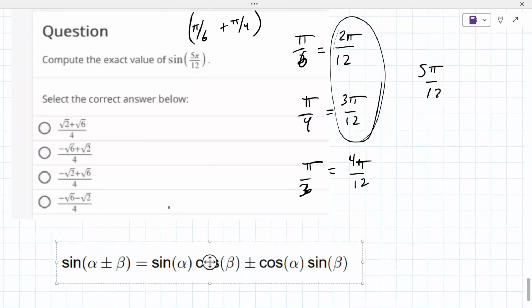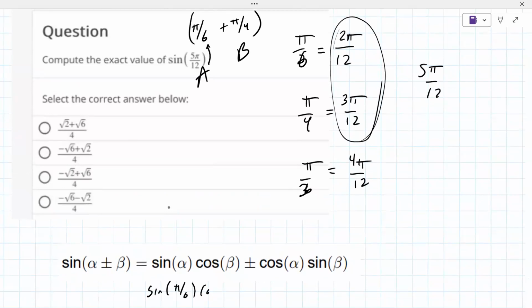We'll call A pi over 6 and B pi over 4, so it becomes sine pi over 6 cosine pi over 4 plus cosine pi over 6 sine pi over 4.